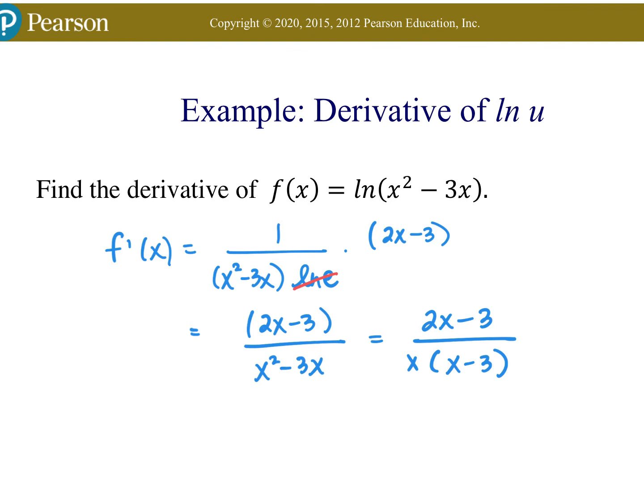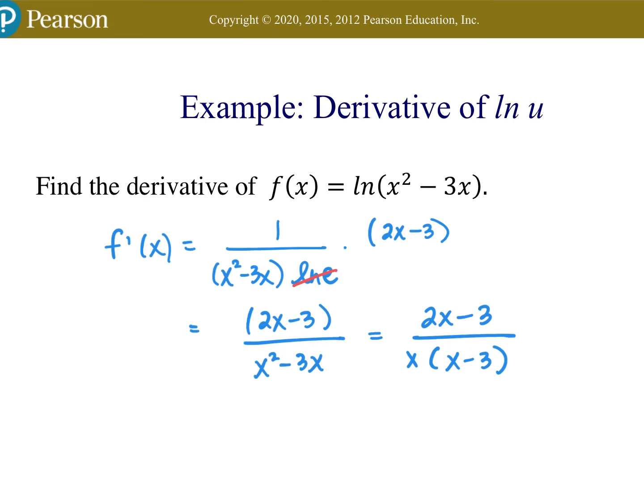It doesn't help me right now, like that doesn't reduce or anything, but having things in factored form in the long run tends to usually be a good idea because we'll be doing other things with derivatives in the future. So thinking about things as factors will prove to be useful.